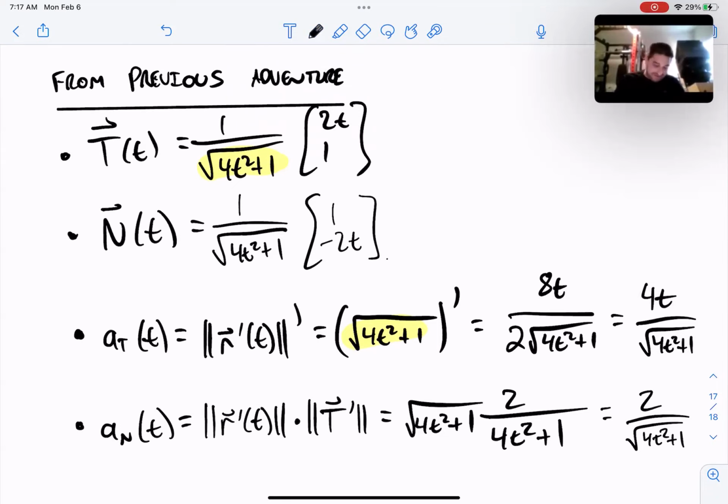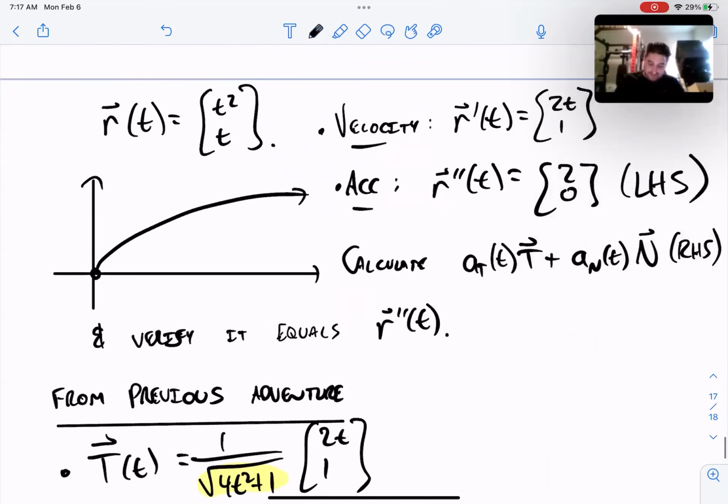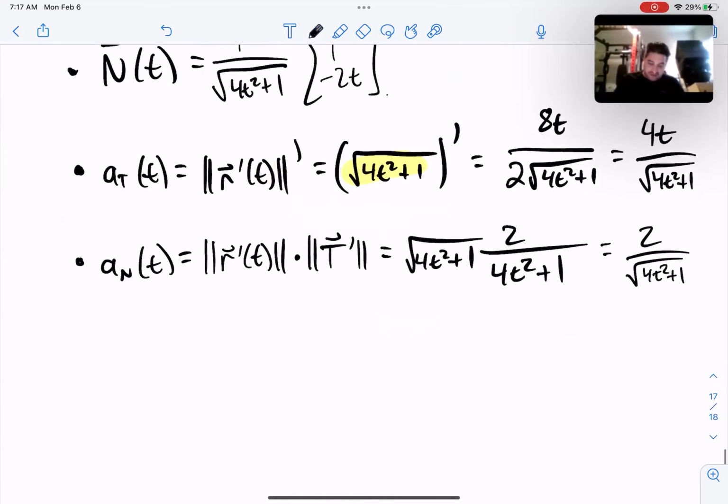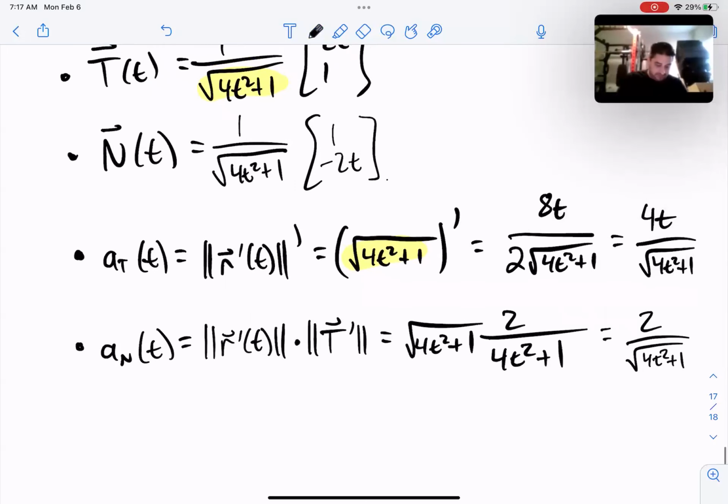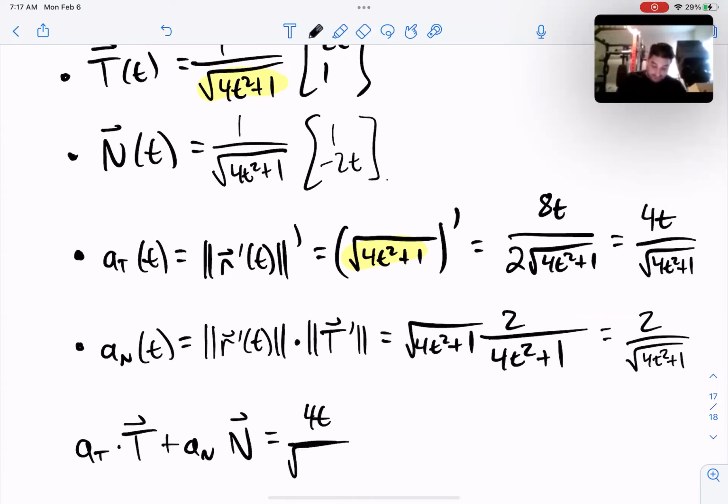Let's see if it works out like it should. The final calculation is A_T times T plus A_N times N. So let's see what this is. 4t over root 4t squared plus 1 times the tangent vector.